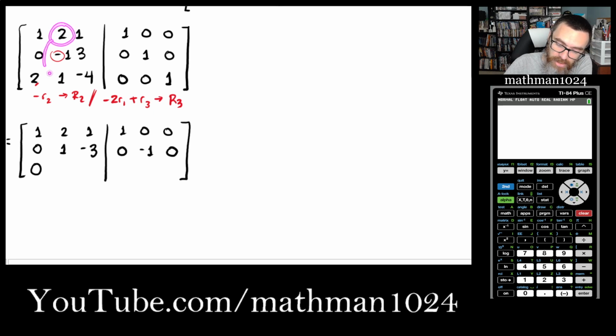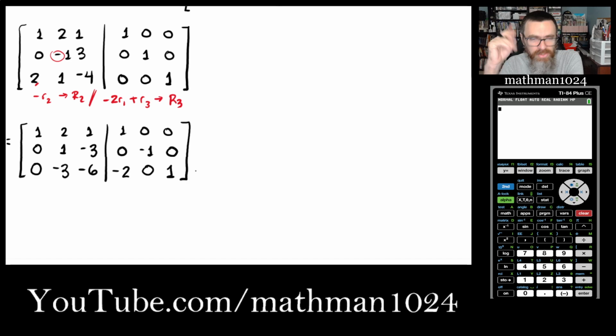Negative 2 times 2 plus 1 is negative 3. Negative 2 times 1 plus negative 4 is negative 6. But we still have to do that over here. So negative 2 times 1 plus the 0 is negative 2. And then you have 0, and you still have the 1. Those other guys won't be affected because you just have zeros in those other two entries.